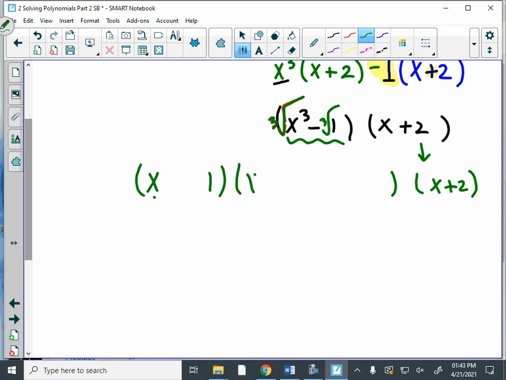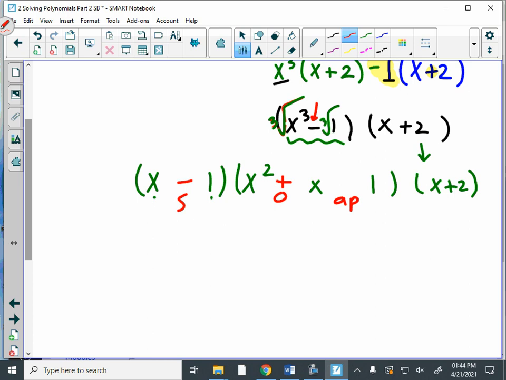Square the front to get the front. Square the back to get the back. Multiply the 2 to get the middle. 1 times x is just 1x. And then we can use the SOAP method to fill in our signs. S stands for same, so we started out with a minus sign, so that's going to stay a minus sign.